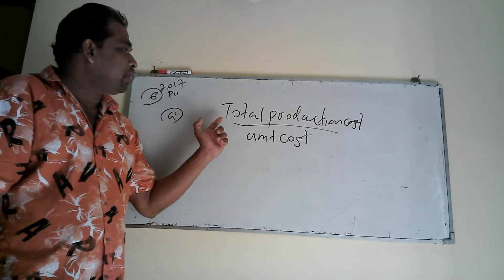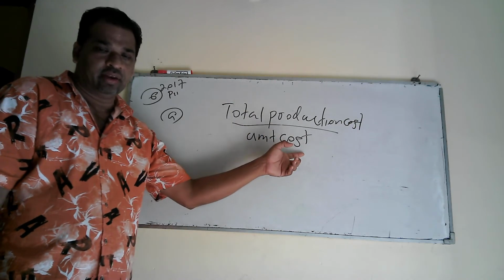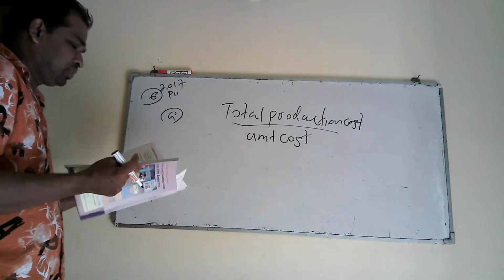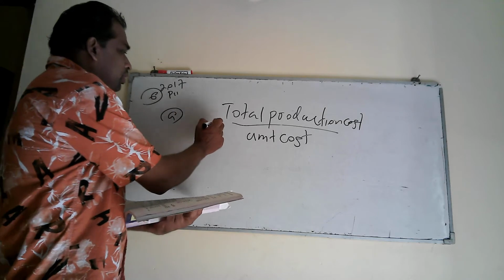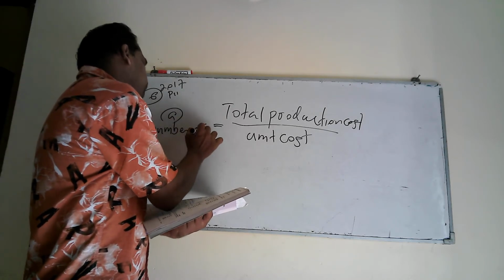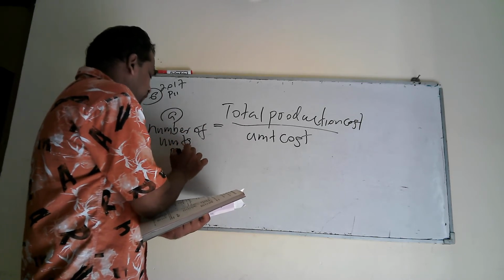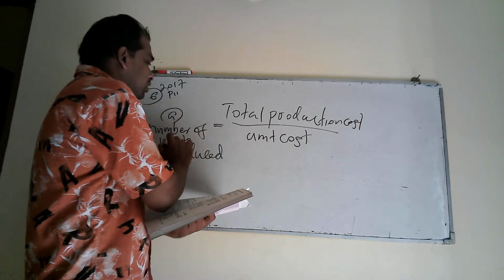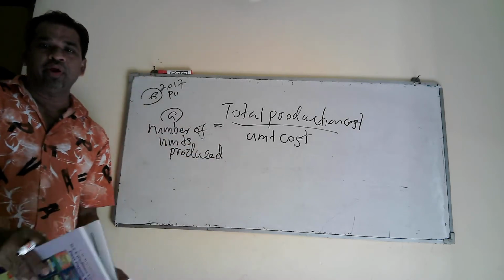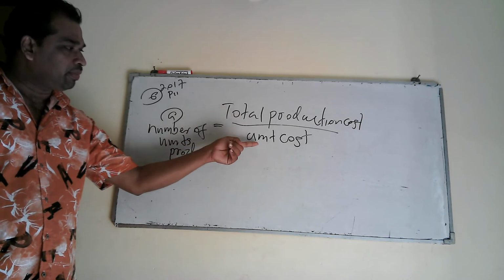Here, if you are given total production cost and number of units produced in the period, you can easily calculate the number of units produced. This is the formula for you to calculate number of units produced: total production cost divided by unit cost.